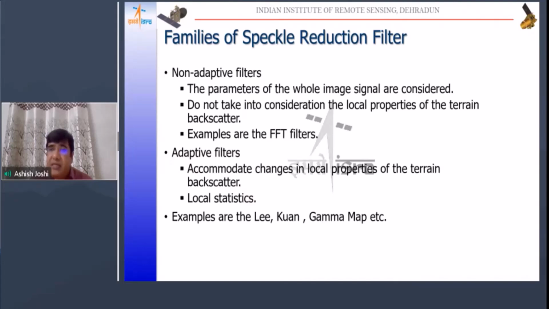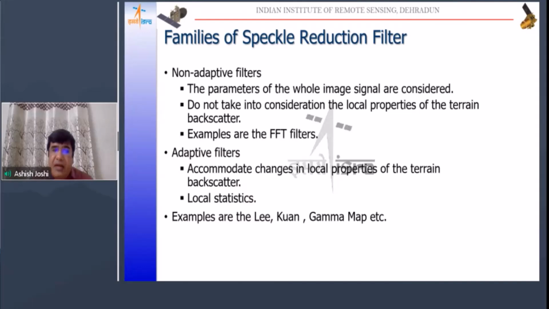Sigma is the standard deviation, because the standard deviation represents the noise. So we form small kernels, a window operation, and it will do the speckle reduction. It will make small kernels, and within that kernel we do some operation and perform the speckle reduction.